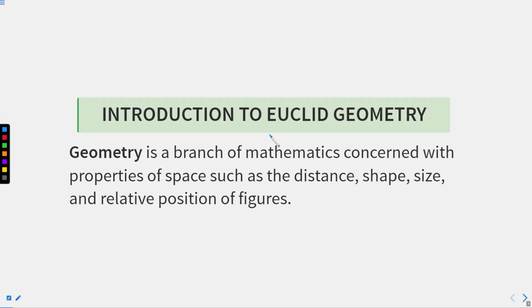Let's move. So, what is geometry? Basically, geometry is a branch of mathematics that is concerned with properties of space, such as distance. If a tree A is here and tree B is here, then the distance from tree A to tree B will be covered in geometry.